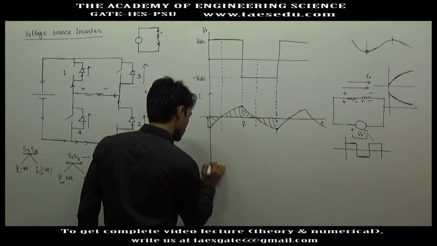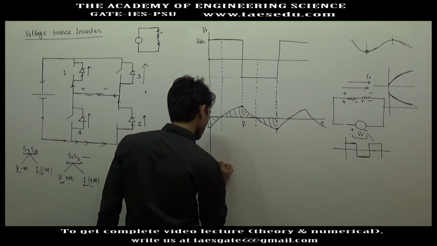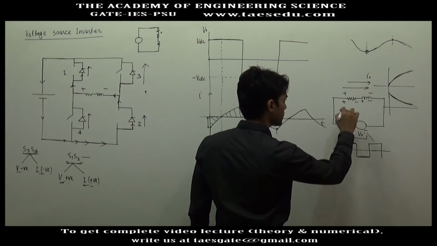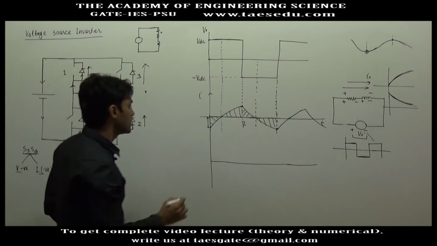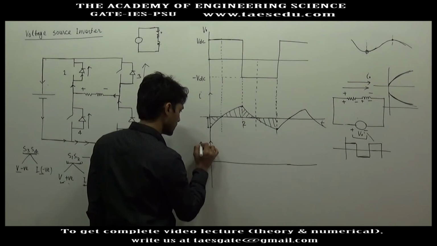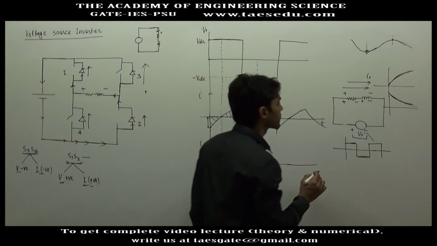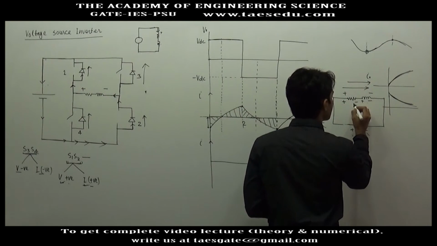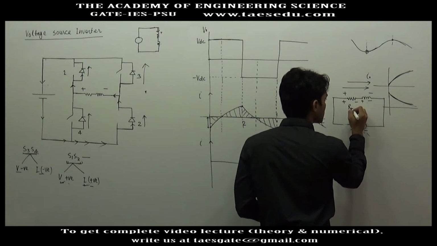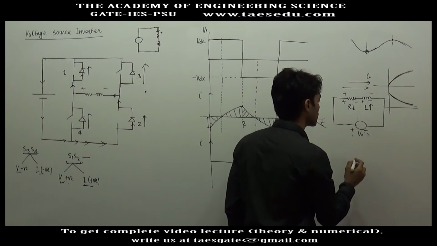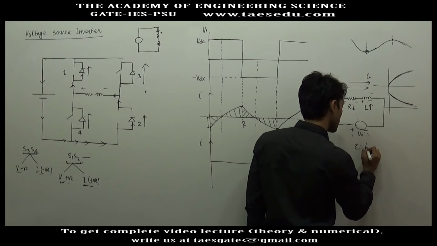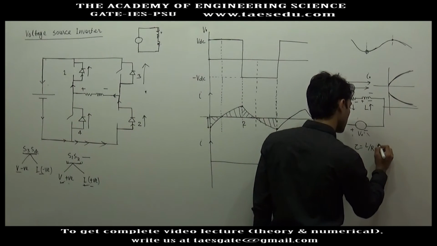Now I'm going to draw the graph of inductor current again for the same RL load in the inverter. I'm again going to draw the waveform of output current when the resistance is negligible. Either resistance is negligible or inductance is high. In both cases, the time constant L by R of the circuit will be high.